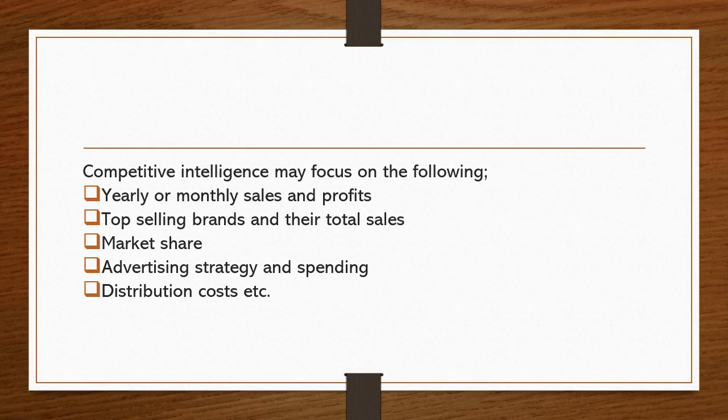Then competitor intelligence also focuses on the distribution costs. So they need to know how much money they spend on distributing their products.